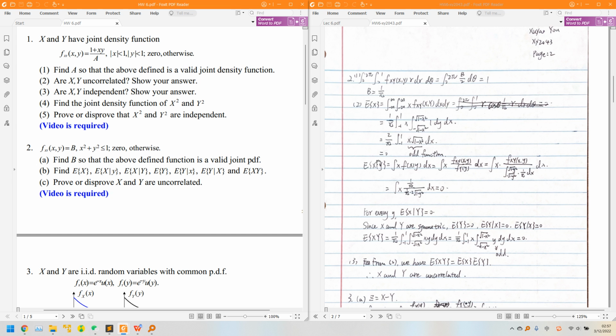For the expectation of x in terms of y, we also do the integration of x times f(x|y), and we use Bayes' law to transform the conditional probability density function into this form.